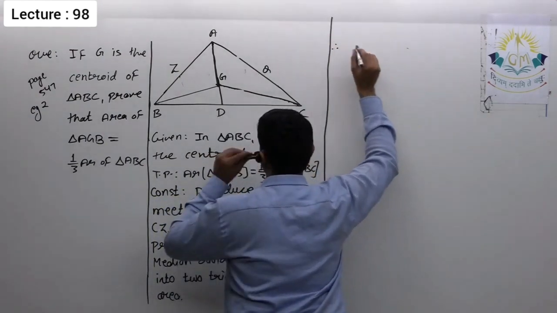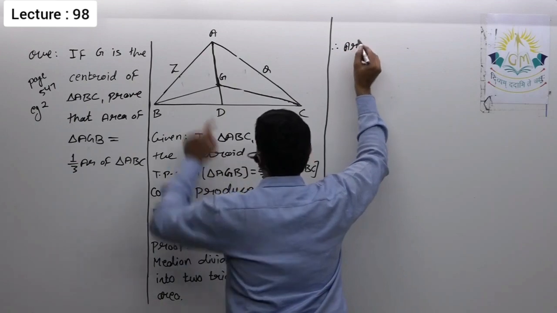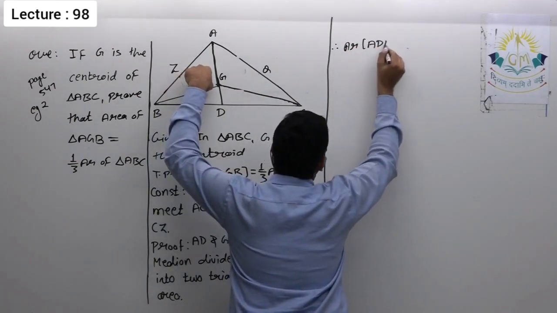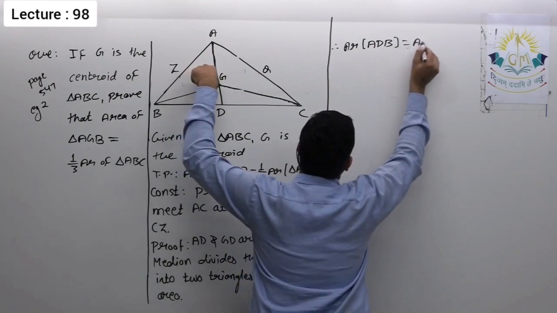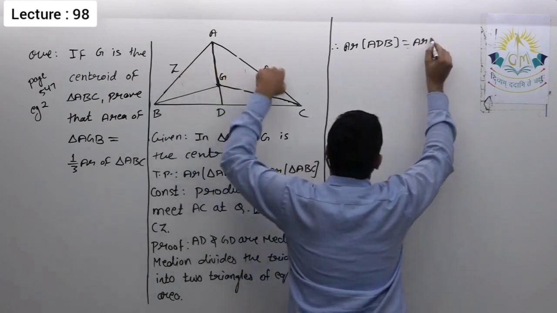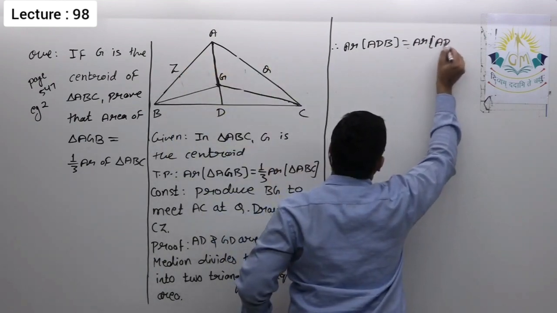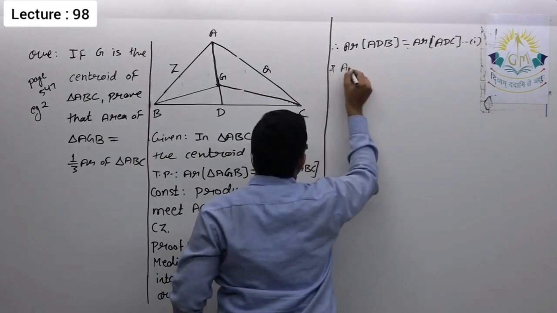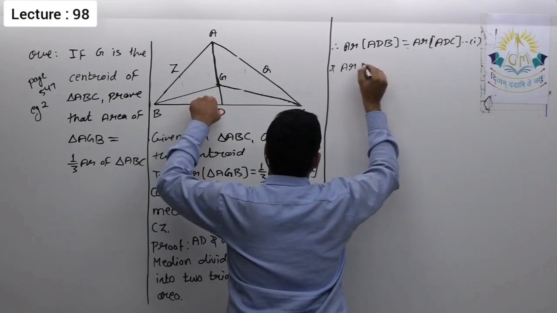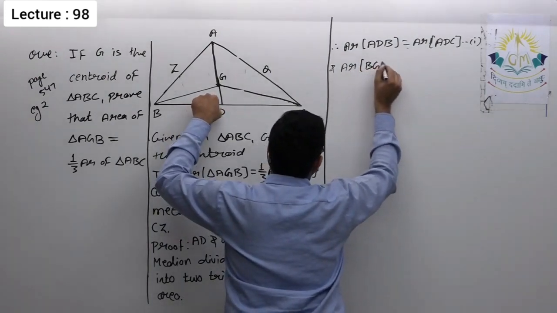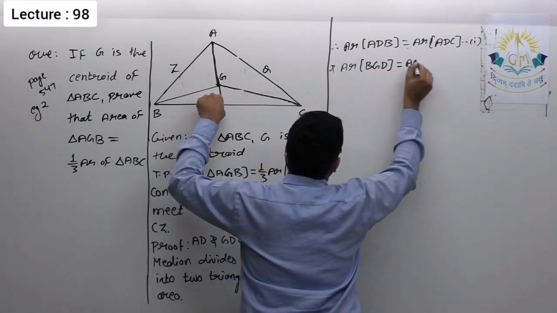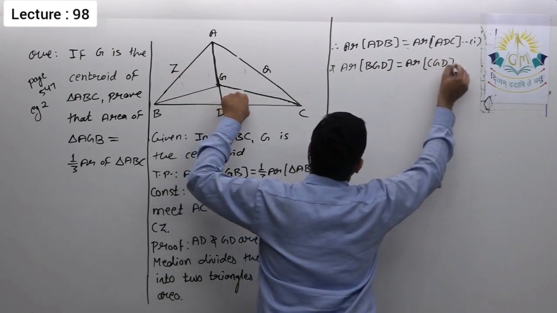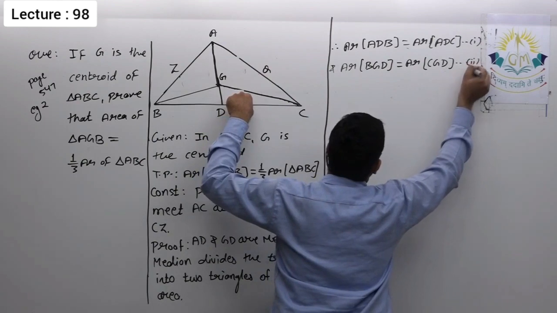Therefore here I will write area ADB is equal to area ADC. Let it be first. And area BGD is equal to area CGD. Let it be second.